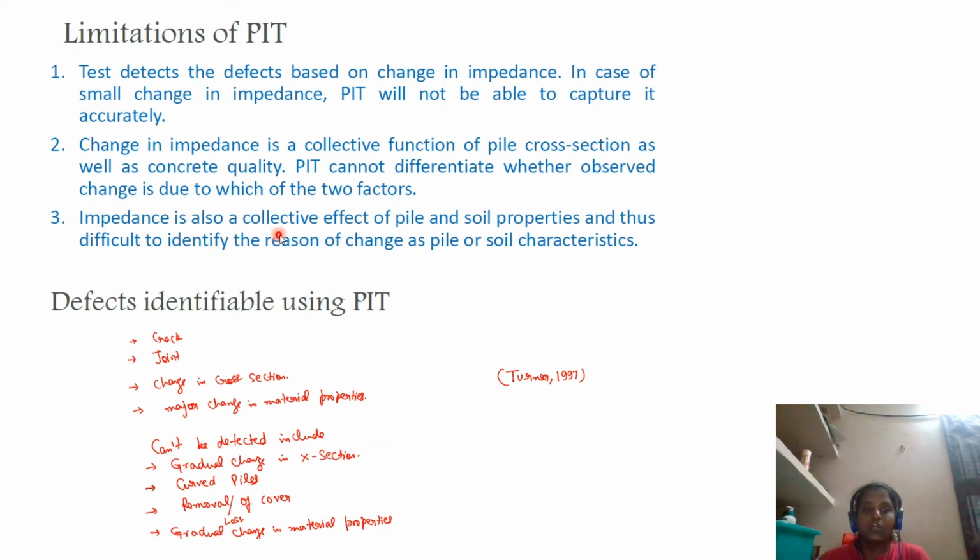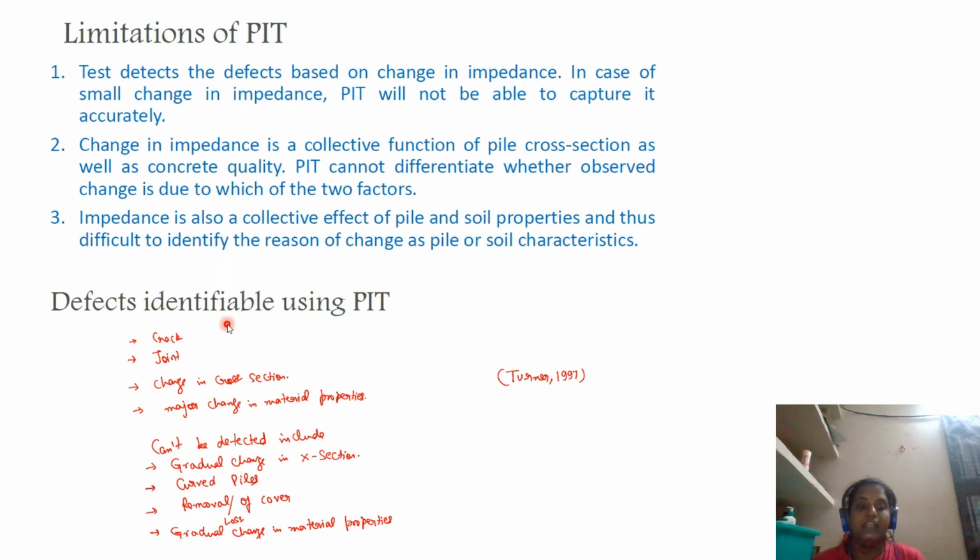The impedance is also a collective effect of pile and soil properties, and thus it is difficult to identify the reason. As I said, if your surrounding soil is not going to be intact, or if it's not of very good quality, then there could also be some influence in your graph. Sometimes we will not be able to judge whether the anomaly is coming because of the pile or the soil.